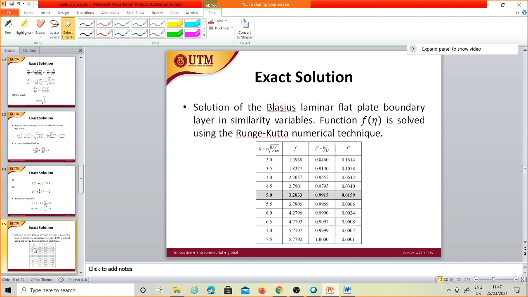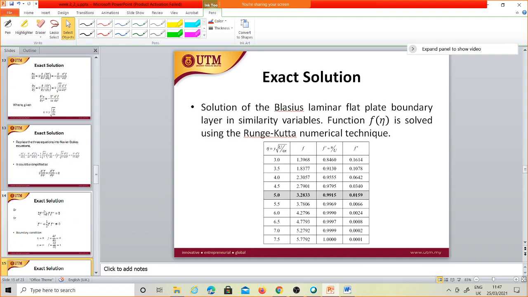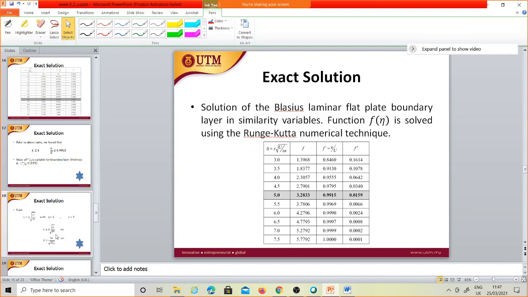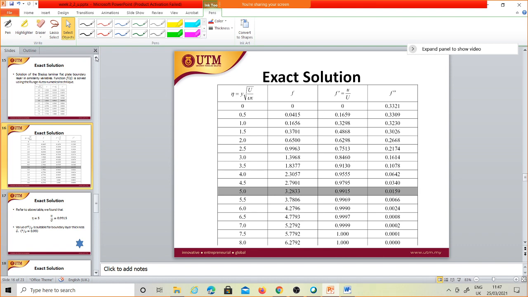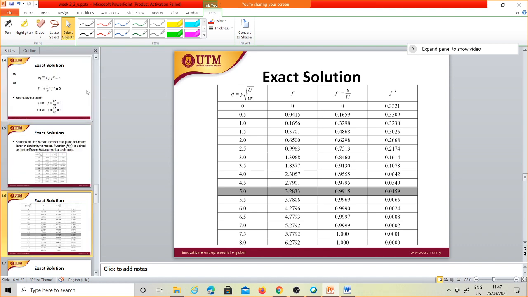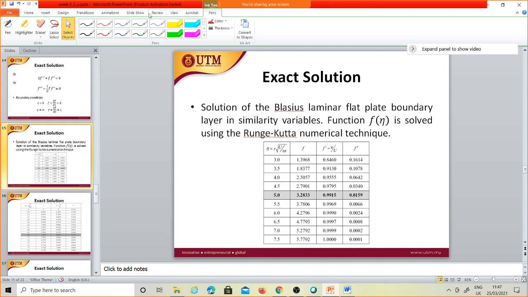So if you solve this problem numerically, we found this one. Blasius tried to solve this problem, and using the function F of eta, we try to find the solution.